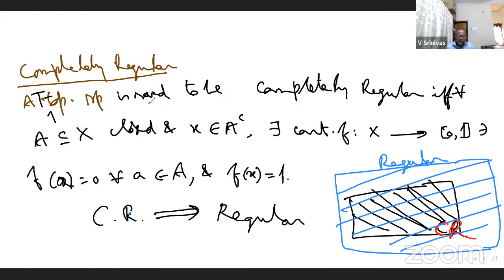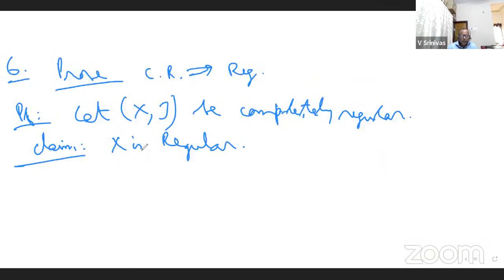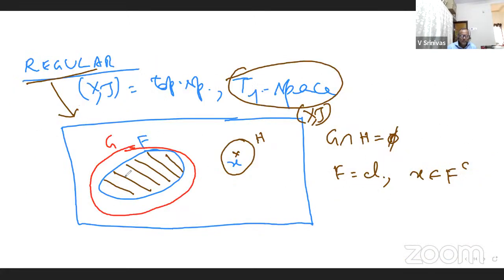Because capital X is completely regular, for every closed A and a point x from its complement, we have this kind of continuous function. From this, we should be able to obtain the regularity property. Let us claim that capital X is regular. So what do we want? Let us take a closed set F and a point x outside F.